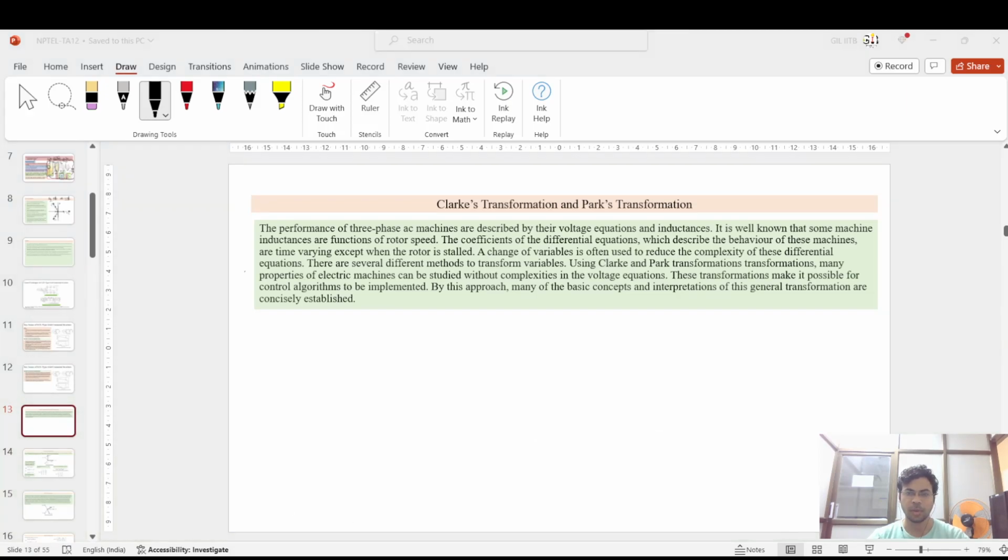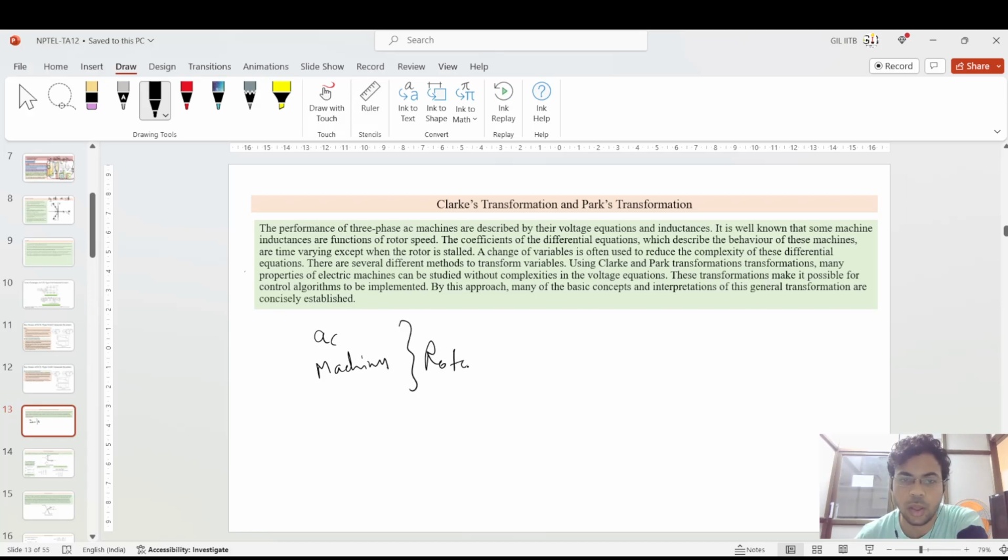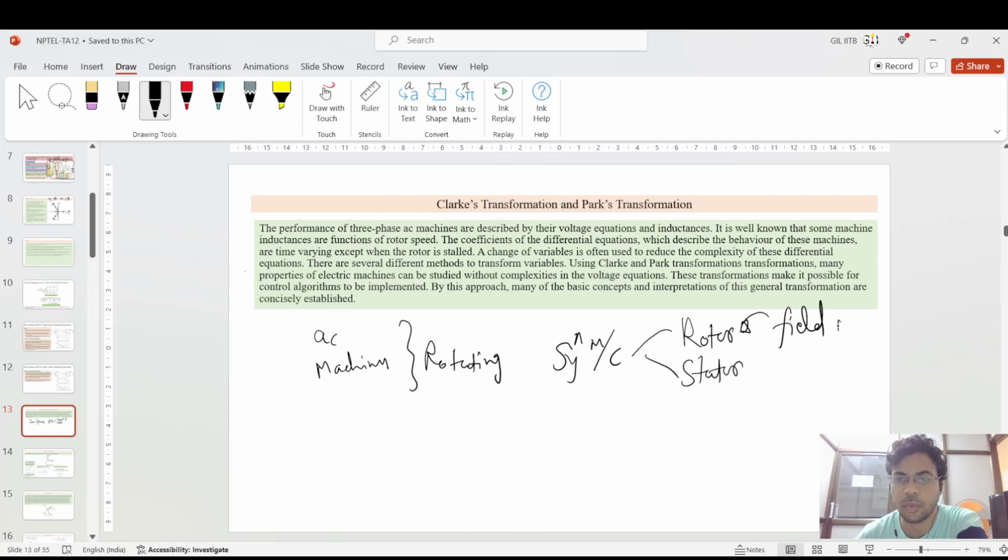Let me take you to the Clarke and Park transformation. Let me make you understand this Clarke and Park transformation. Suppose you have AC machines. It's a rotating machine, no? And if you take the synchronous machine, you have two things, the rotor and the stator.